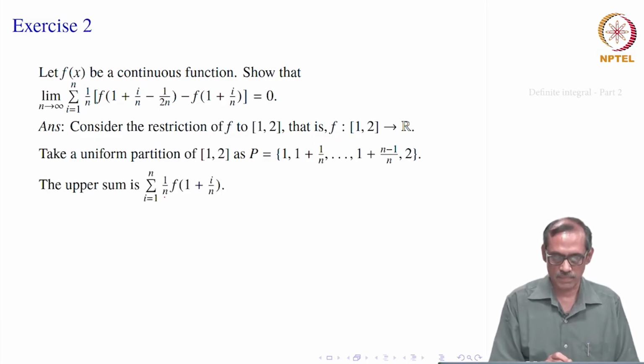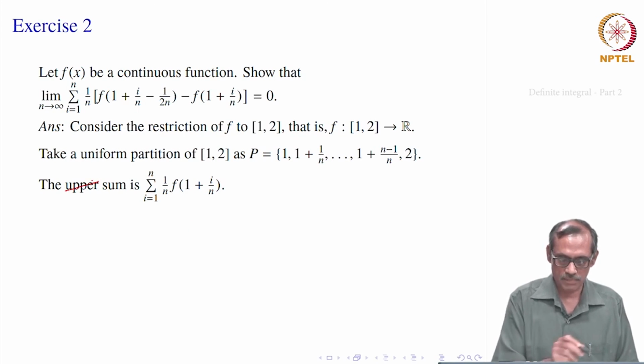Then formulate the upper sum. It is not really an upper sum, it is the sum at the right end point, because upper sum means the function should achieve its maximum value. We do not know that, because f is not given to be increasing. So, it is not exactly an upper sum, it is one of the Riemann sums.